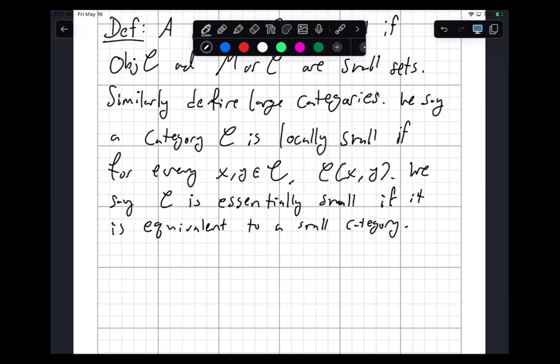So, example: let Set denote the category of small sets.